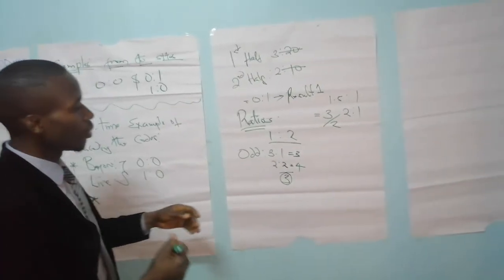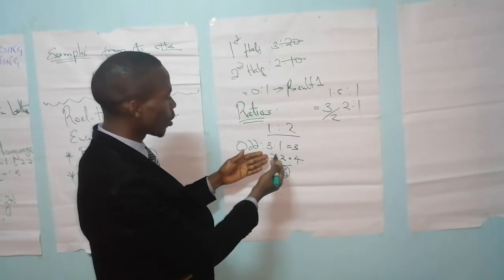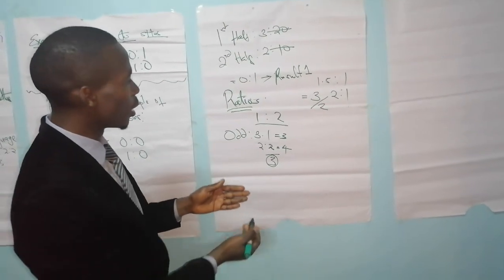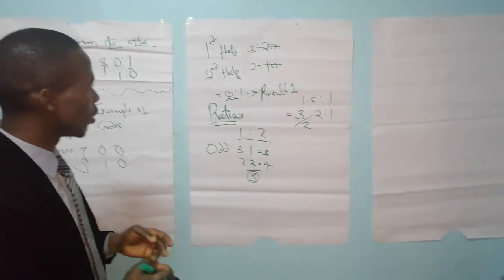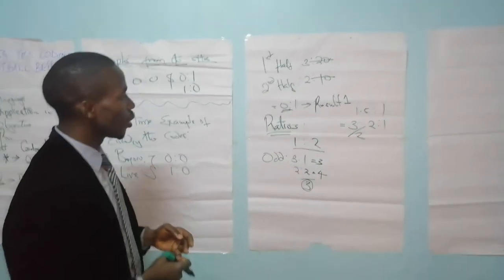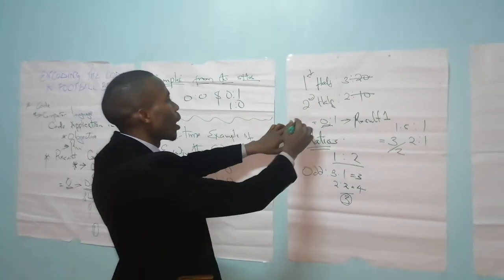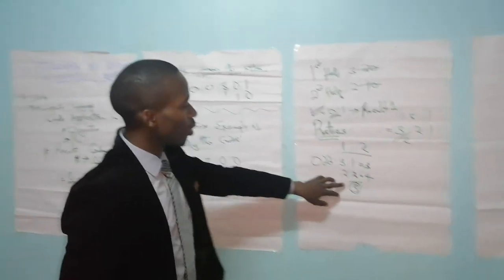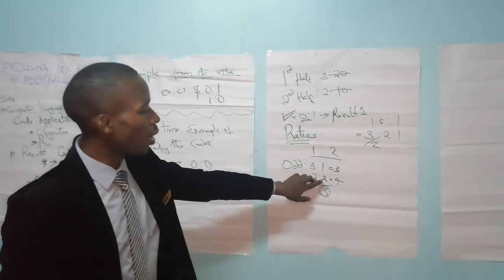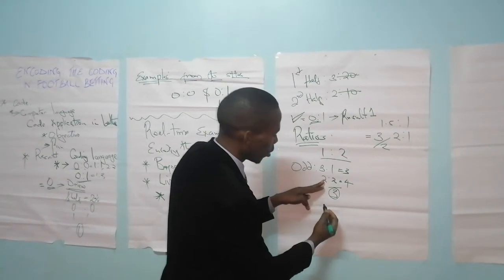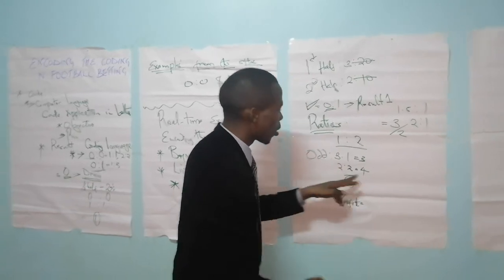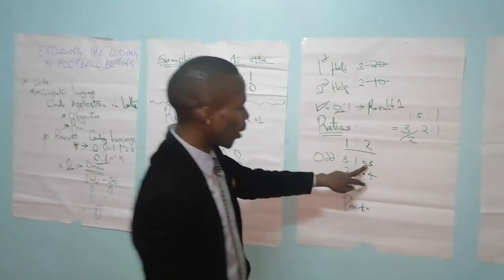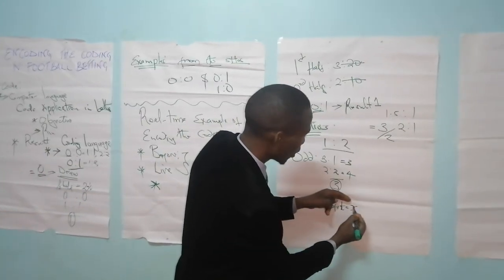So the first case, let's talk of the 0-1 results that we were able to observe. If you were to go by the 0-1 results, you'll get either a profit of x.